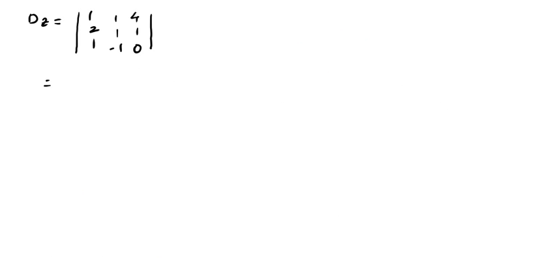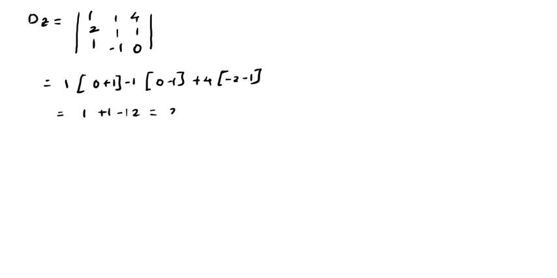So this will be 1 into 0 plus 1, minus 1 into 0 minus 1, plus 4 into minus 2 minus 1. So this will be 1, this will be plus 1, and this will be minus 12. So this is 2 minus 12, which is minus 10.